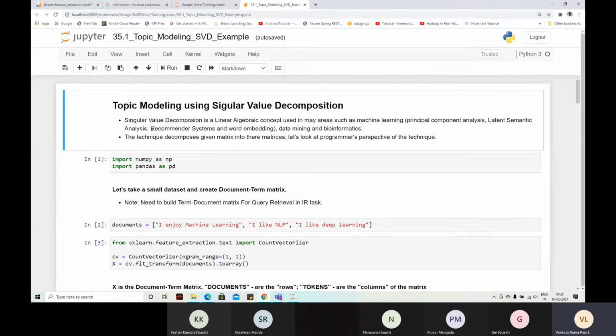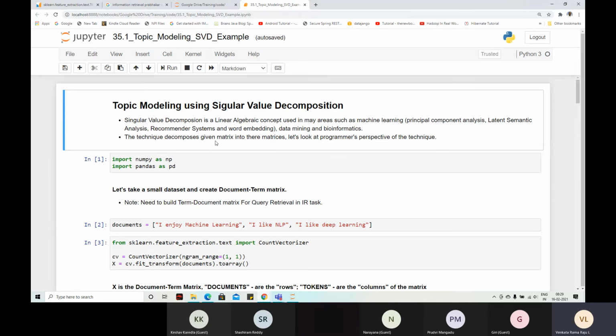In latent semantic analysis, you do semantic analysis on latent vectors of the original data. You create latent vectors by doing singular value decomposition. It is used in recommender systems and word embeddings, and also in data mining and bioinformatics. That's where I said it is very important to understand.